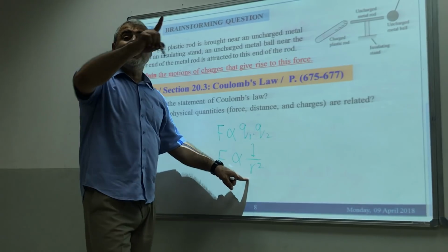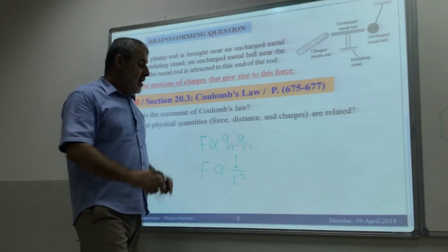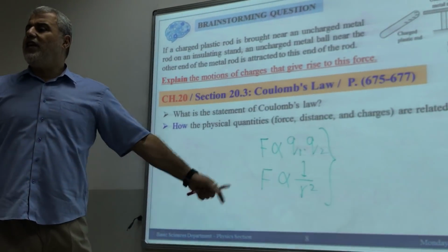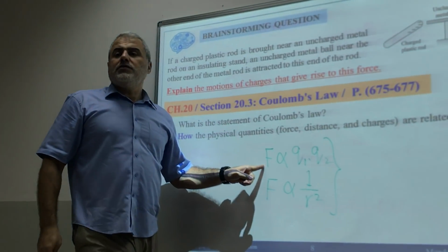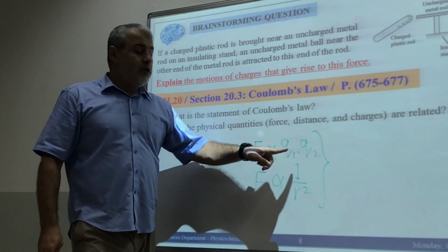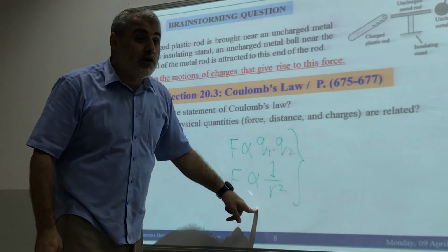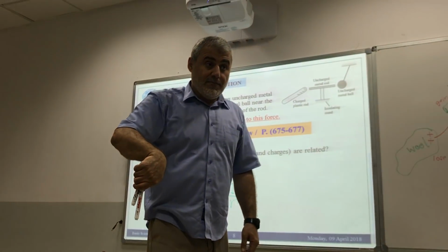So more separation, less force, right, ya shabab? According to these two results, this is the statement of Coulomb's law. Simply, the mutual force between any two charges is directly proportional to the product of these two charges and inversely proportional to the square of separation. Not the separation, the square of separation between them.